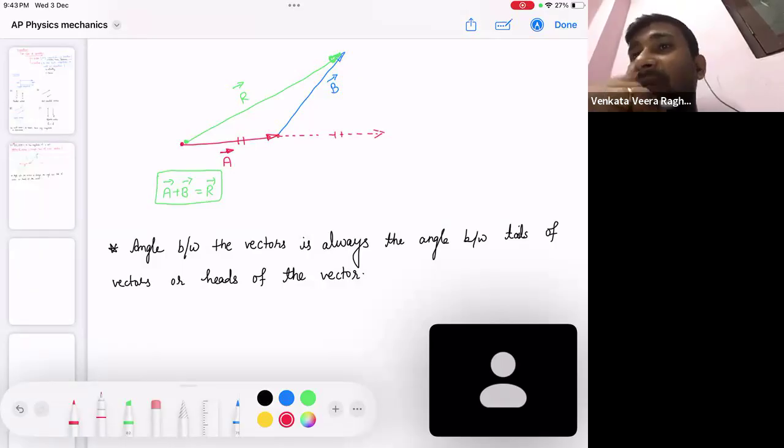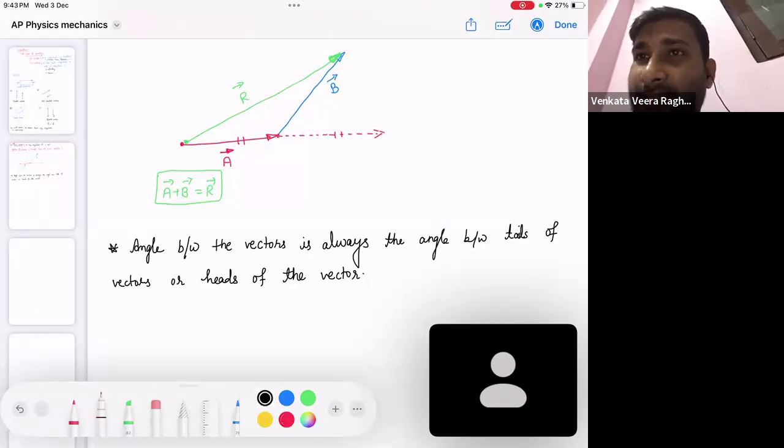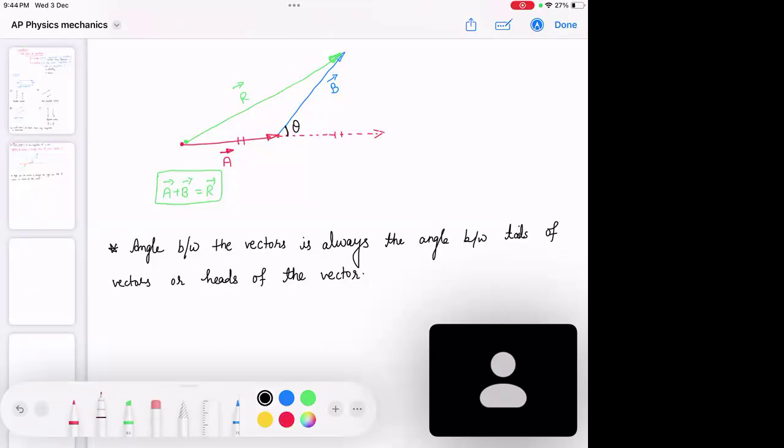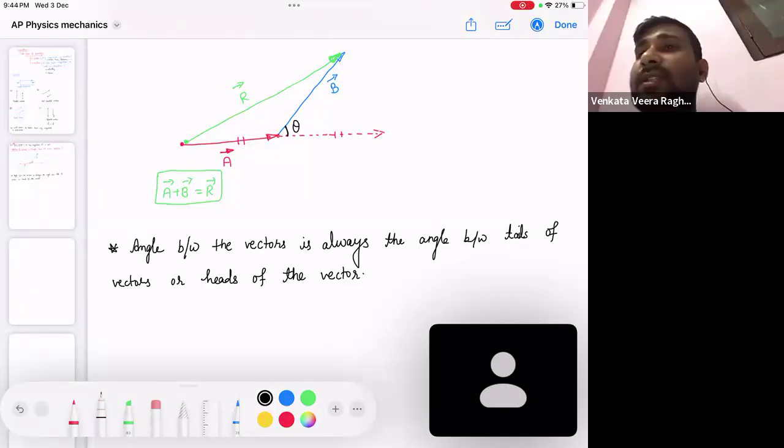I did not change the magnitude and I did not change the direction. So that means this dotted line is also representing the vector A. So can I say here the angle between these two vectors is nothing but this angle theta, right? So the angle between the two vectors is this angle theta.